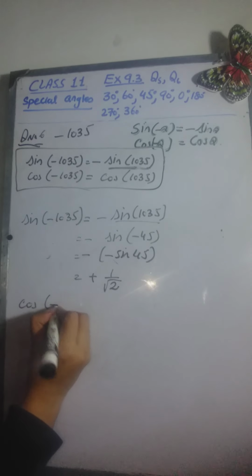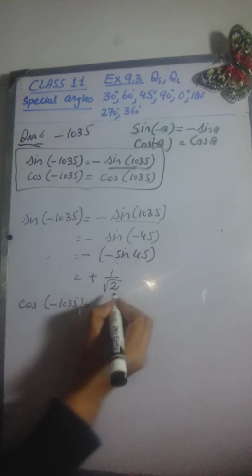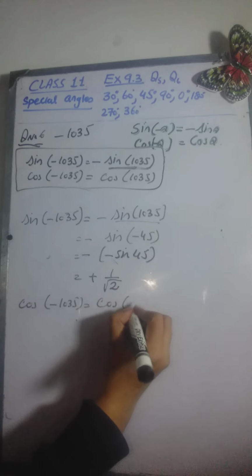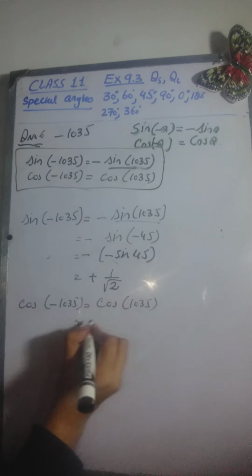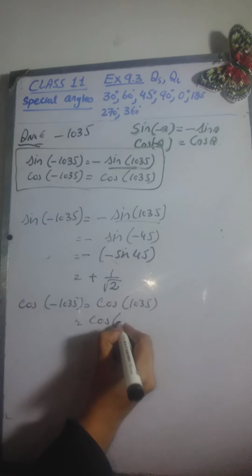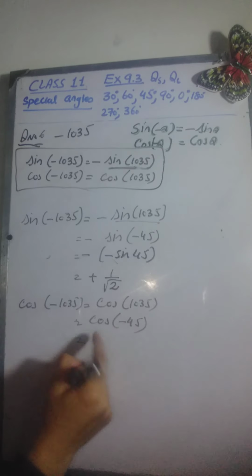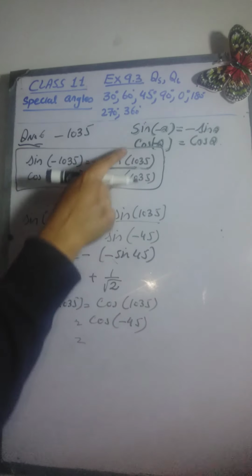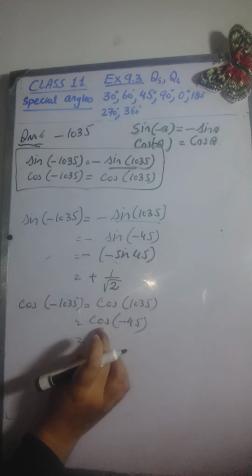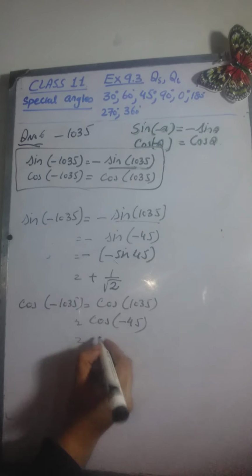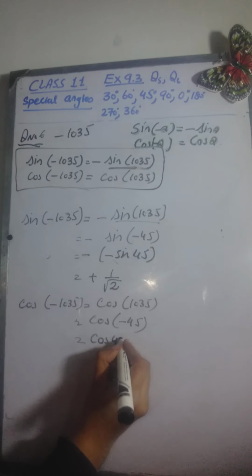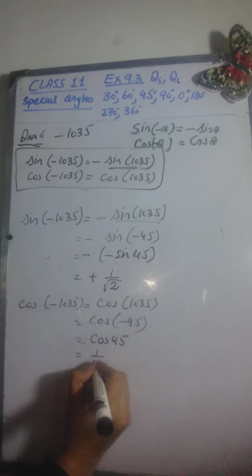Similarly, cos of negative 1035 will be equal to cos of 1035, whose cos is equal to cos of negative 45. We know that cos of negative theta is equal to cos of theta according to this property. The cos value is not affected by the negative sign. So this will be equal to cos of 45, which is 1 over under root 2.